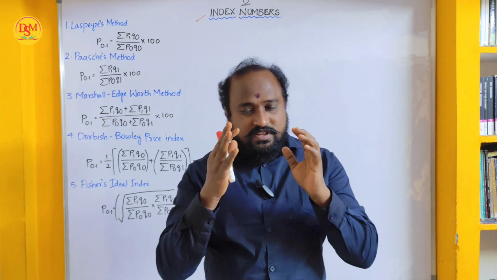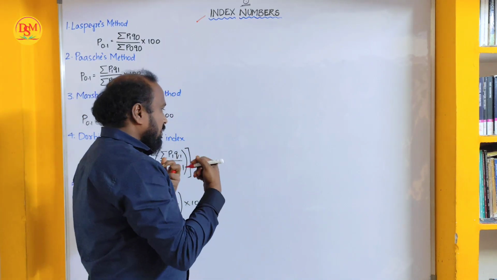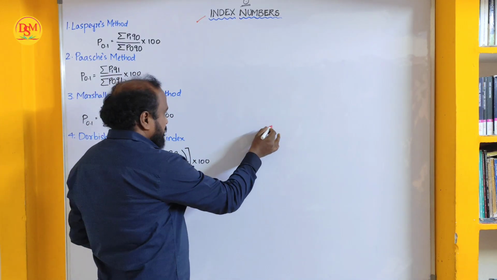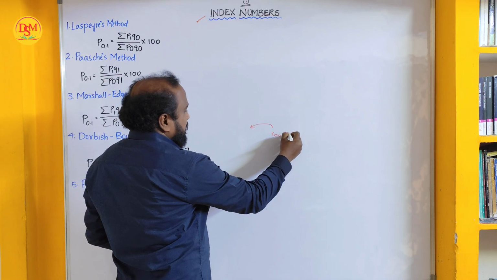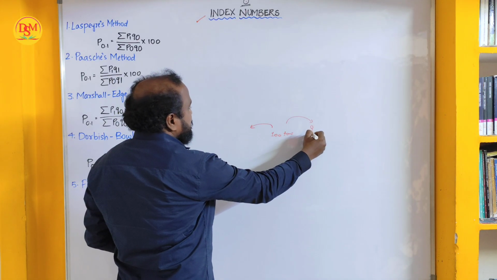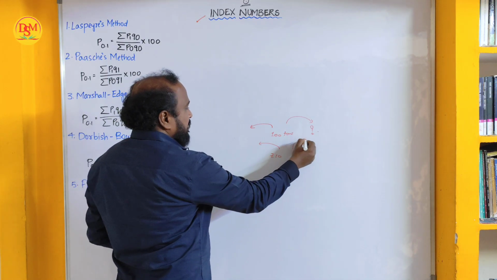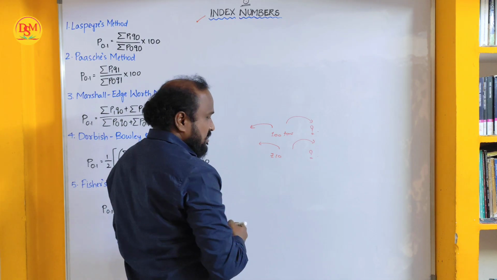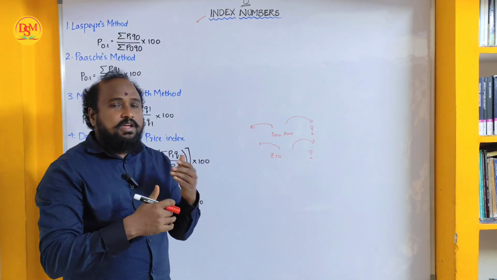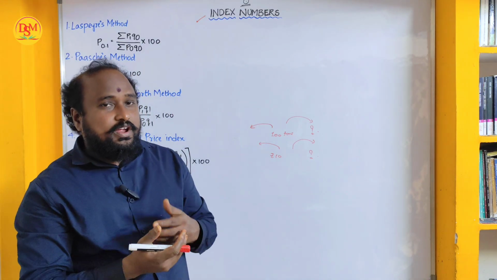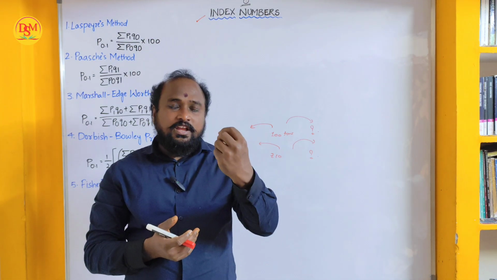For example, if there is a businessman who wants to know the position of his business, previously his sales was 100 tons, and presently in the next year, what would be the sales? Previously the price was rupees 10, now what will be the price? By comparing the last year with the current year, he will observe the change in the price and also the change in the quantity sold.